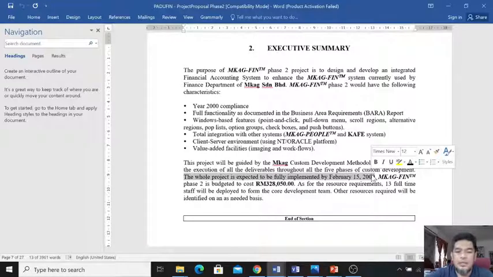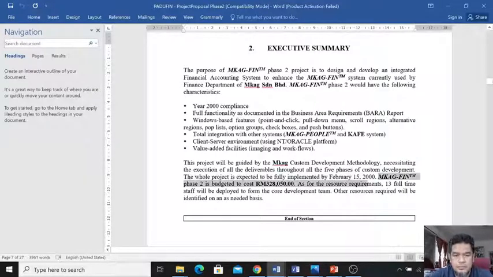And then it talks about the budget, just mentioned in one line. So the MKAG financial accounting system is budgeted to cost about 328,000, for example. And then it talks about the requirement of staff. We just mention that we require 13 full-time staff to deploy in this project.